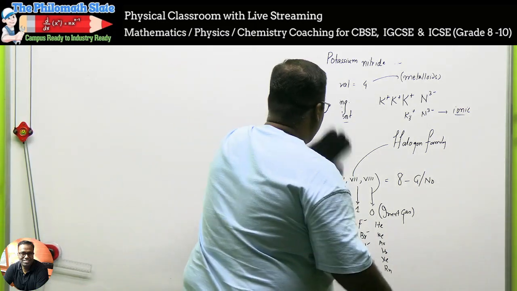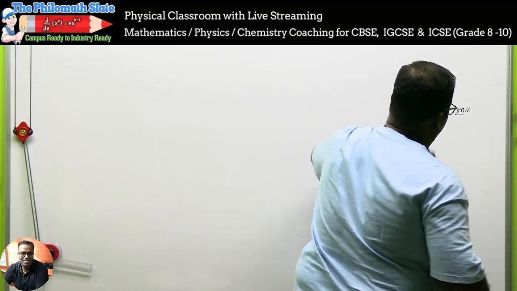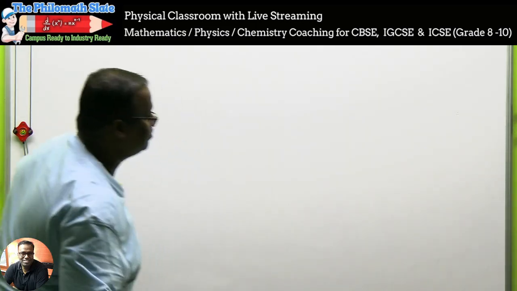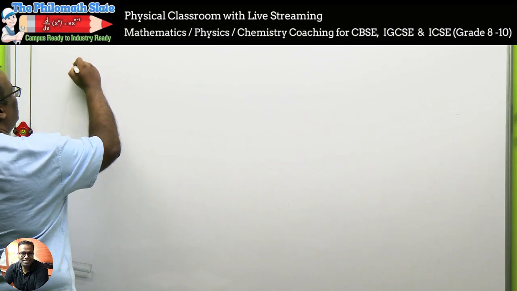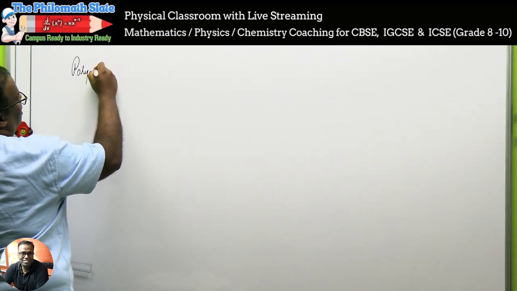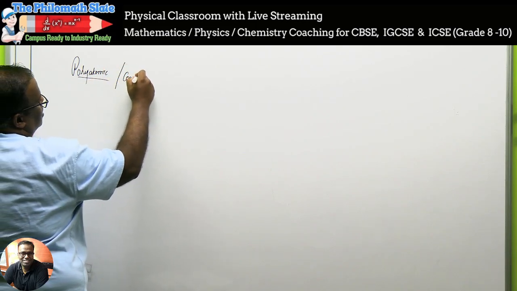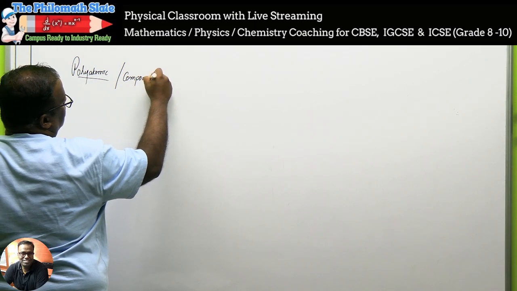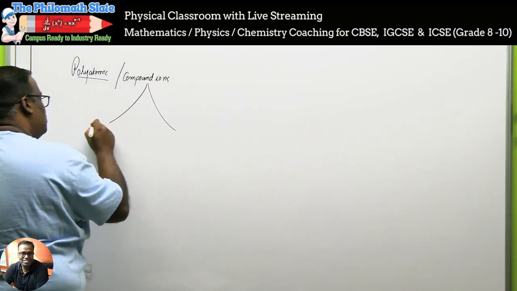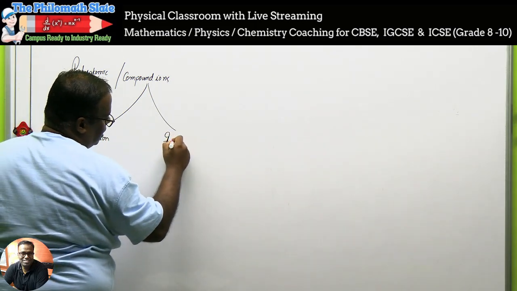Chalo. Now let's see the polyatomic and the compound ions. This is something interesting. One day I had given you a list. Polyatomic, and in your book, the word used is compound ions. Compound ions can also be cation and they can also be anion.